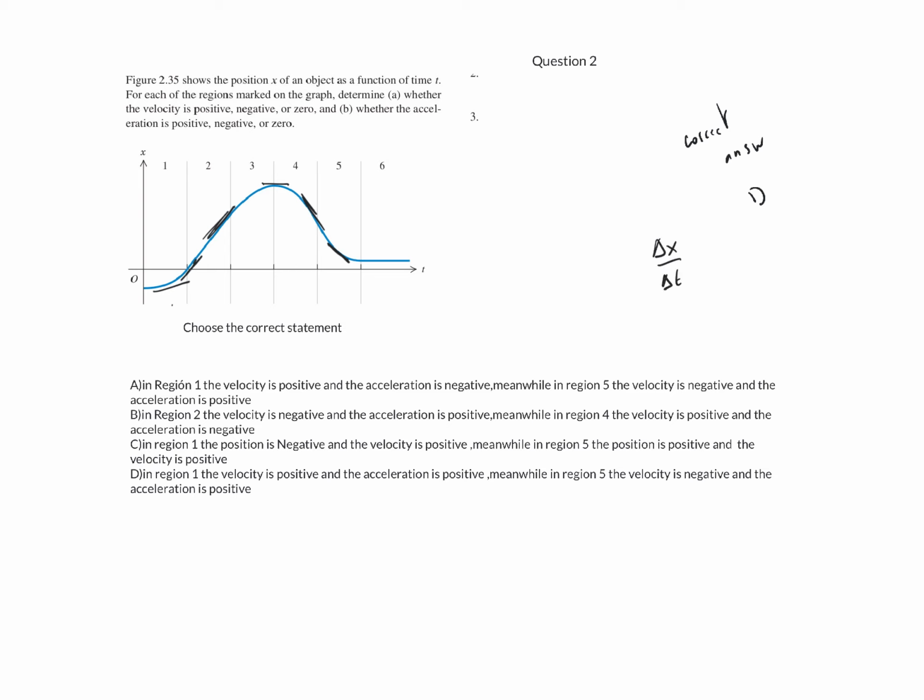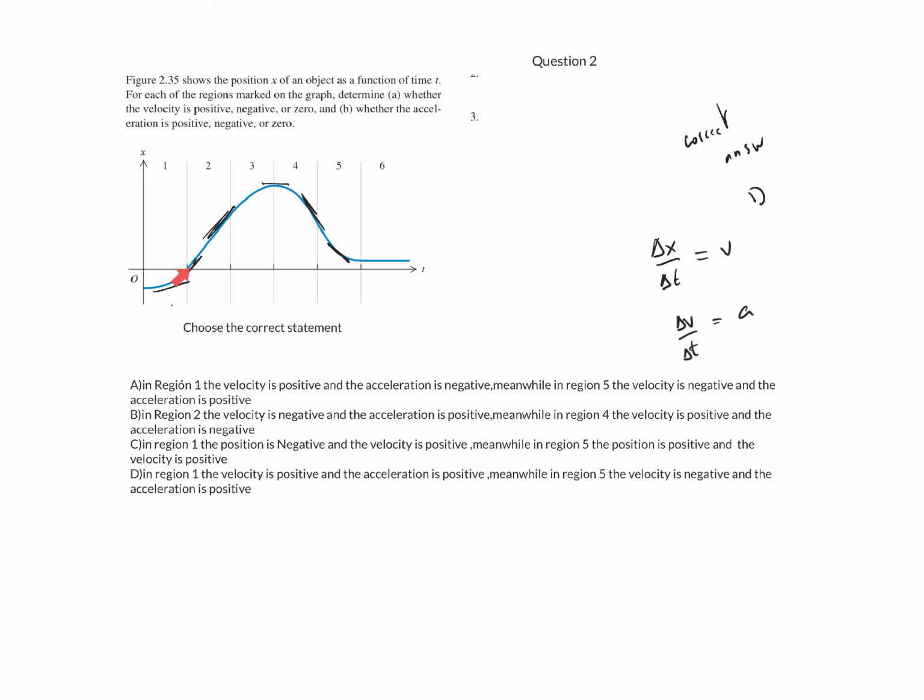Now, with respect to the acceleration in every region, we have the slope, delta x divided by delta t, that is the velocity. The acceleration measures the change in the velocity per unit of time, so it's the change in the slope. Here let's say that the velocity is positive, 5 meters per second.